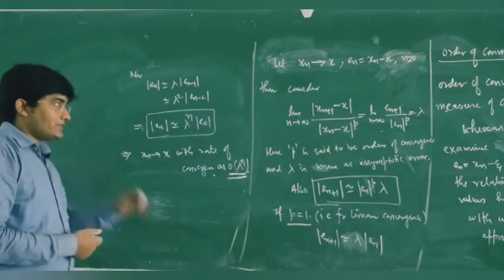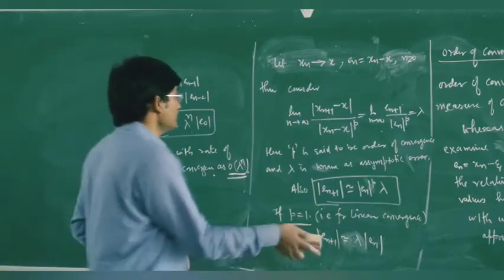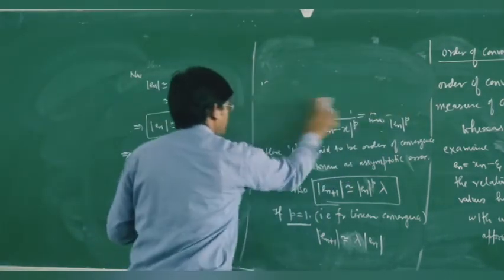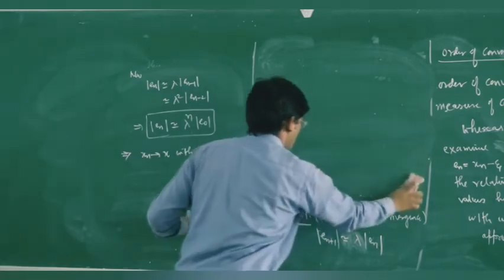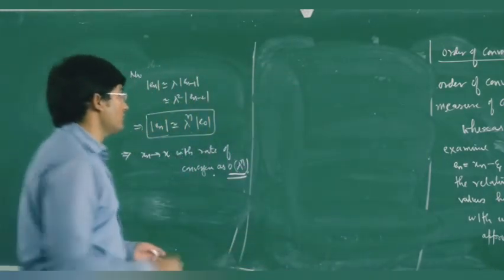Now let us find out the rate and order of convergence of the bisection method.